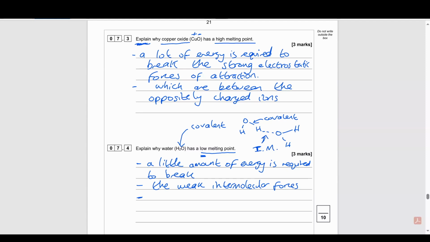Our copper oxide, as we mentioned before, is ionic, but structurally, just like sodium chloride, is in a lattice structure. So that's going to be quite large. So again, that would lead to the explanation of a lot of energy needed. But our water molecules are actually small molecules. So that would explain why the forces are weak, because there's not a lot of them.